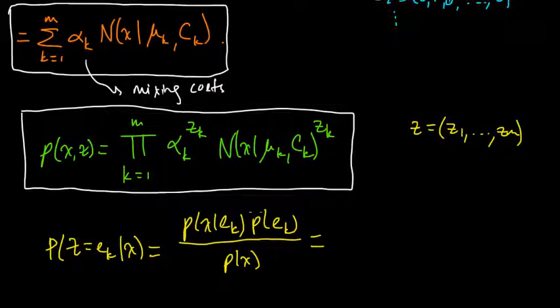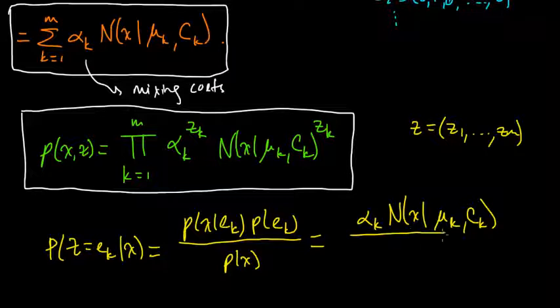And in the numerator, we have the usual thing. We can just go ahead and put in k, since we know it's k: alpha k times the normal density with mean mu k and covariance ck. I could have put the product here, since I was writing it for a general z, but here we know z is equal to ek, so we may as well just put k.